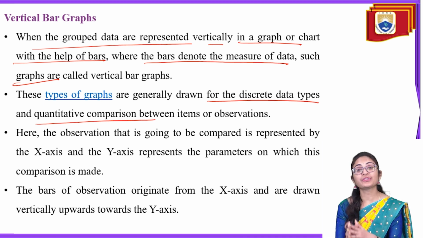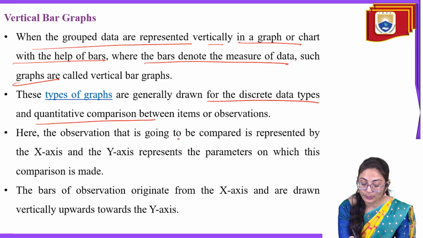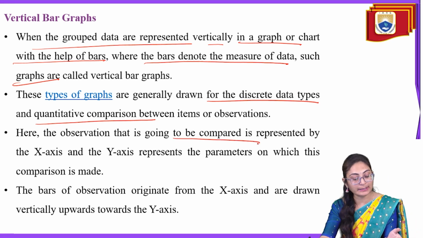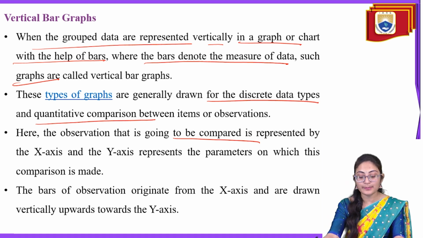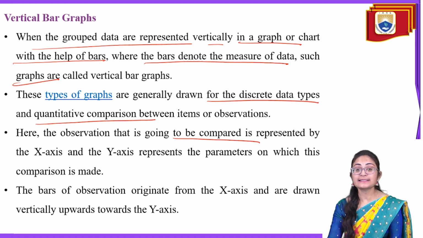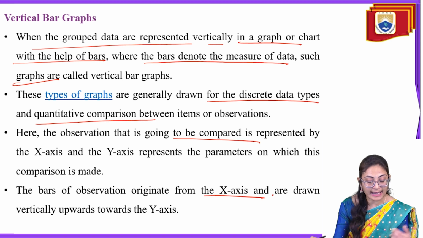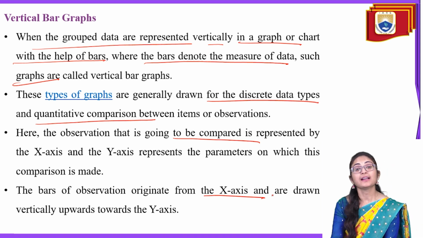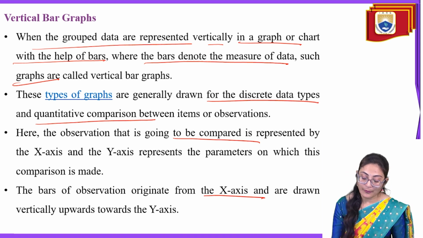Here the observation that is going to be compared is represented by the x-axis and the y-axis represents the parameter on which this comparison is made. Generally, the bars of the observation originate from the x-axis and are drawn vertically upwards toward the y-axis.